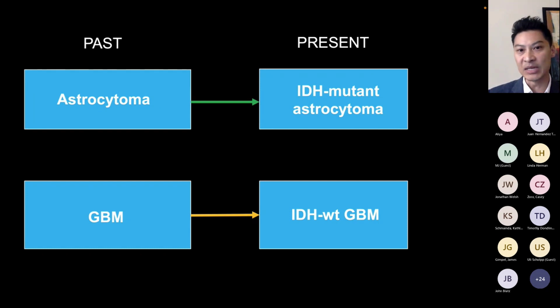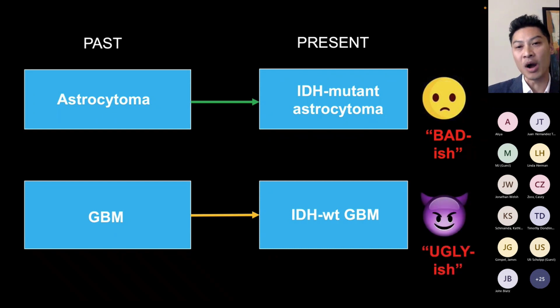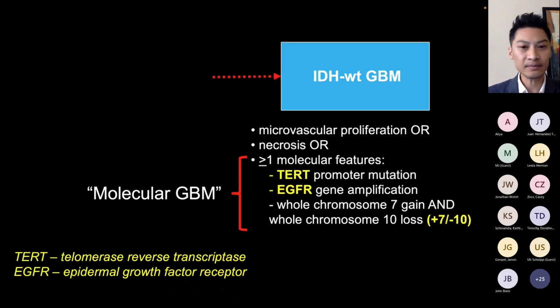And instead of just a GBM, we have an IDH wild type GBM. Now, what's the difference? Well, while the prognosis of an IDH mutant astrocytoma is bad, anything with an IDH wild type, meaning there's an absence of the mutation, for example, in a GBM, the prognosis is worse.